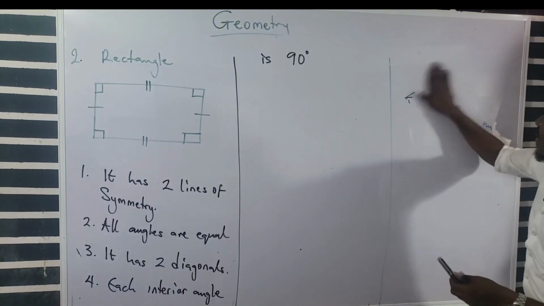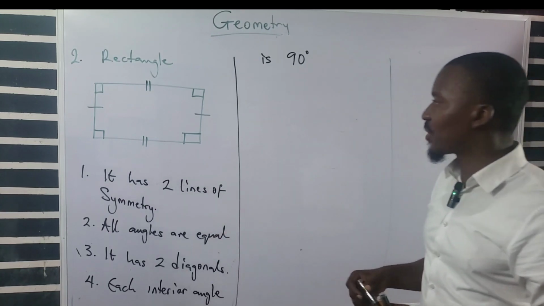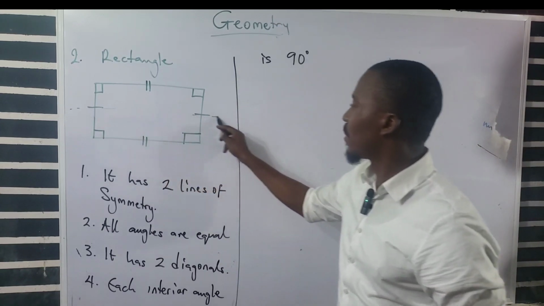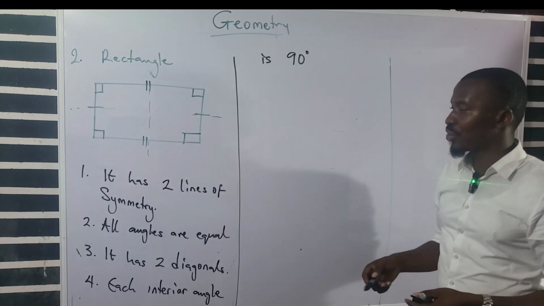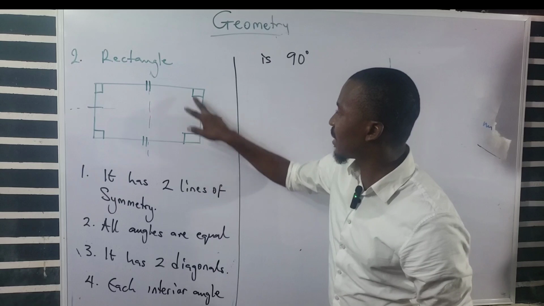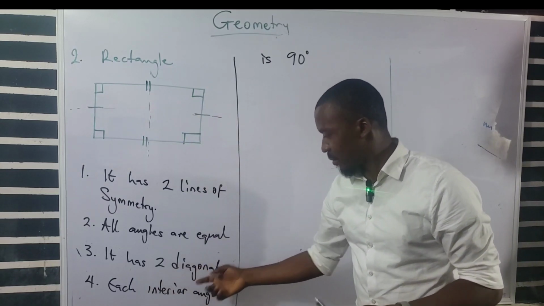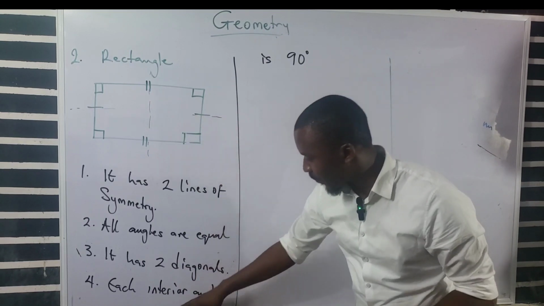Okay, so I believe I have explained that. Now, it has two lines of symmetry. Where are the lines of symmetry? When you cut from here and when you cut from here, you are going to have identical shape. Okay, all angles are equal, of course, 90, 90, 90, 90. It has two diagonals. I have shown you that there.